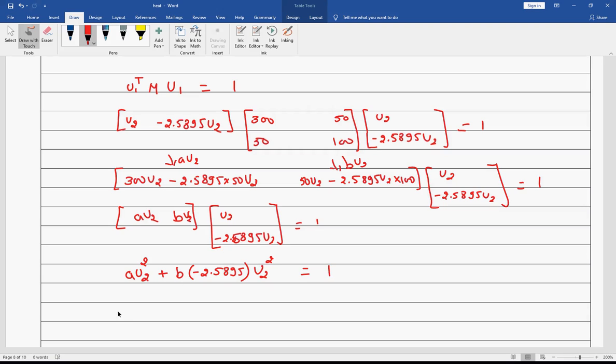So again this can be added, and I can consider that this coefficient is C into U2 square equal to 1, and from that U2 equals under root of 1 by C. I am interested in knowing the value of this U2.